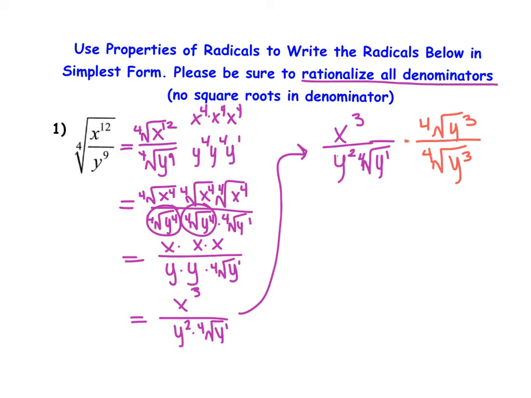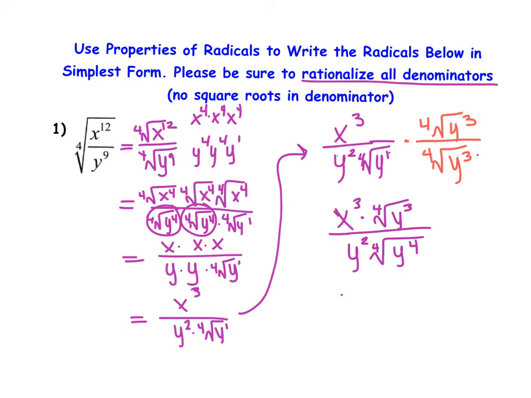So now I'm just going to multiply across. The numerator just becomes x cubed times the fourth root of y cubed, because they can't be combined. One's outside the root, one's inside the root. The denominator here becomes y squared times the fourth root of, well, y to the 1st and y to the 3rd become y to the 4th.